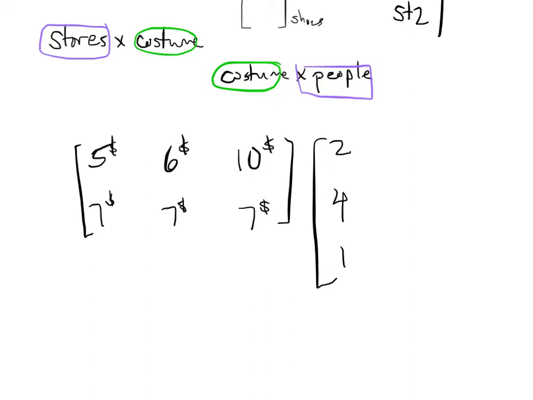I don't even know if I'm messing up masks, shoes, and shirts, but you'll figure it out. It's just a story. So whatever costs $5, you want to buy 2 of them, and your sister wants to buy 3. Whatever costs $6, you want 4 of them. Whatever costs $10, you want 1 of them. And then at store 2, everything's $7. The $7 store, not the $1 store.